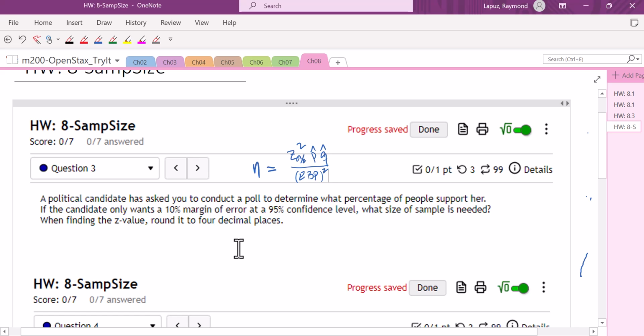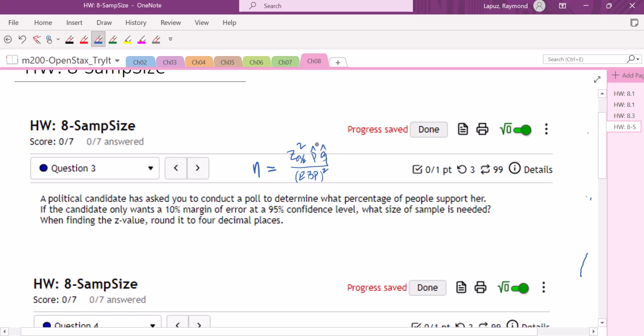One thing to note is that we need p hat and q hat, if there was a previous study or some sort of approximation of what p hat and q hat are equal to. If no p hat is given, assume p hat is equal to 0.5.